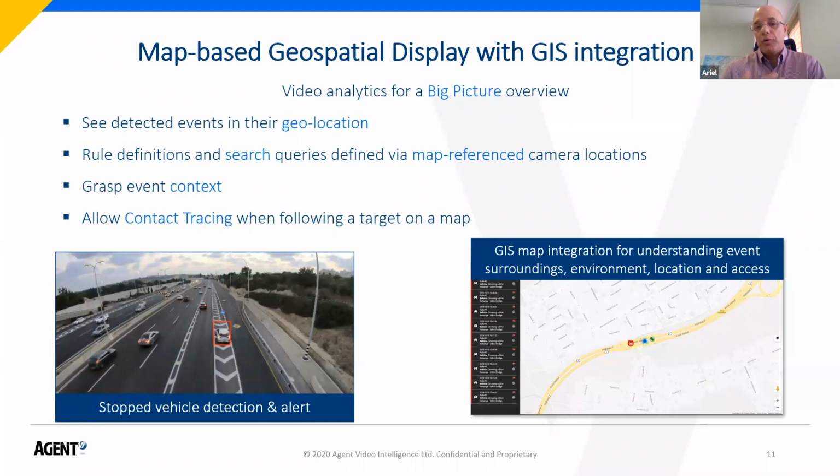This allows us to present that object on a map in a very accurate manner, but also to trace objects across multiple cameras, using the map as a way to define the region where you are looking for the object, and then provide that data in a very easy, intuitive, visual way.